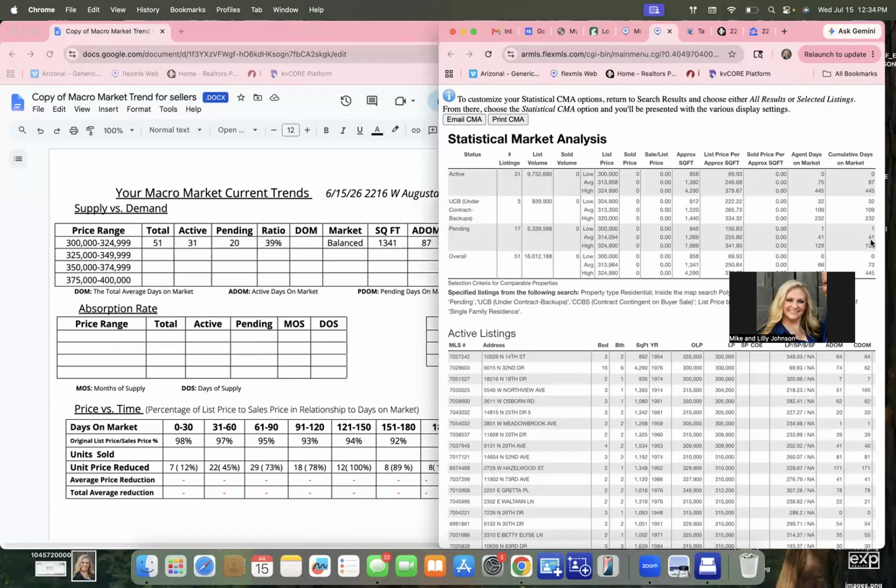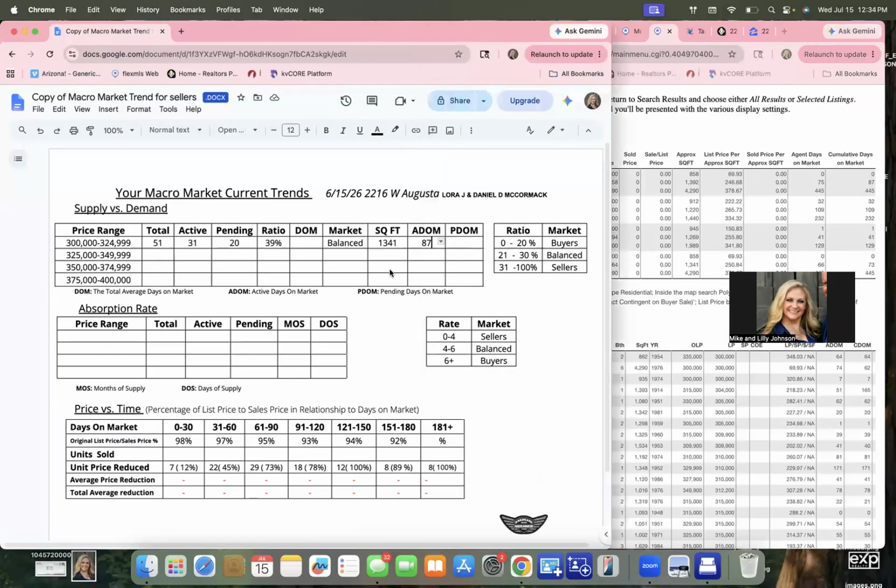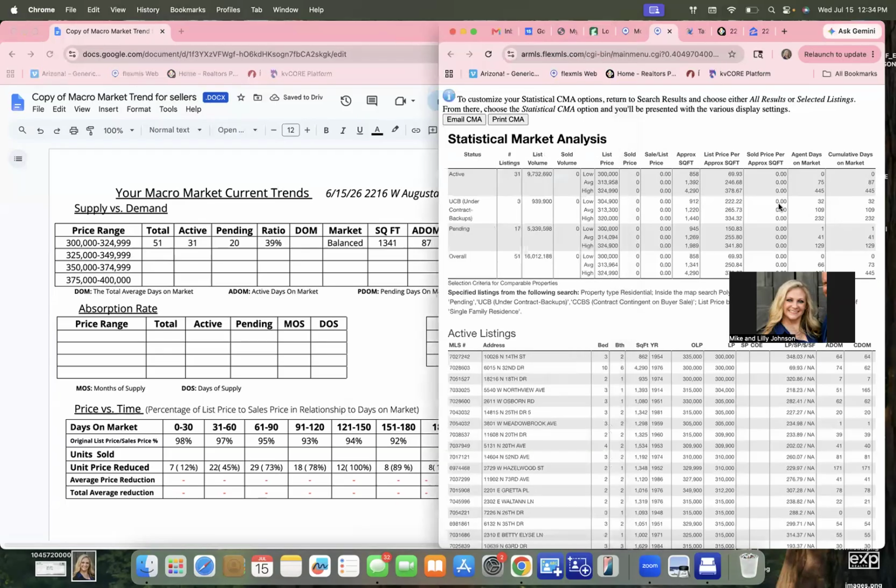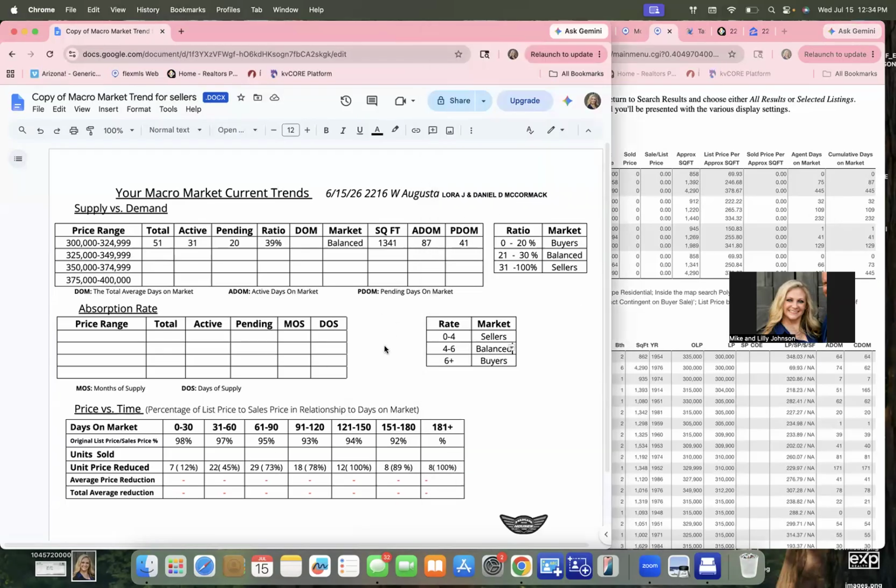I'm going to say 61 days. So I'm picking 61 because I don't know, I could put 41. I'll put 41 because that's what my numbers say and it's just a pricing thing.